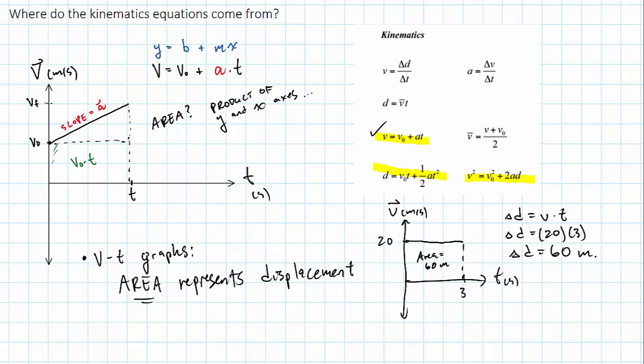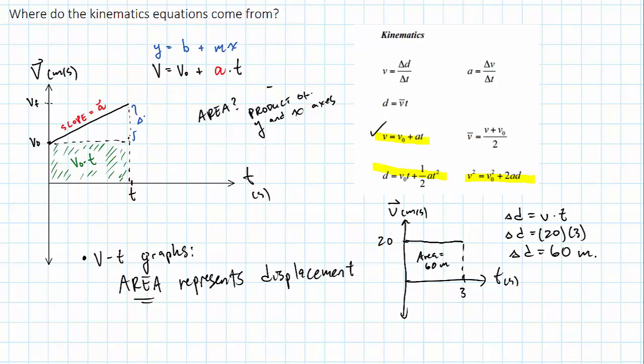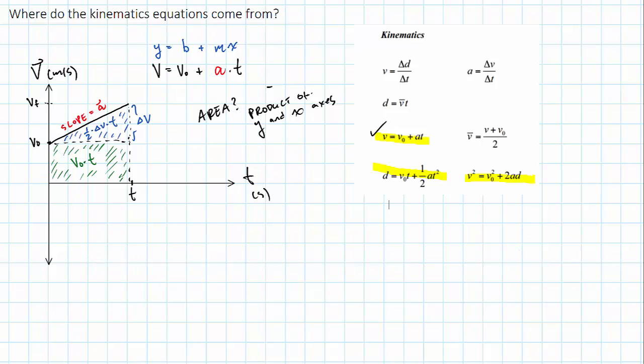And let's work with some different colors here. Let's say in green our rectangle is that constant speed times t. It's the area, whereas the triangle we know is base times height divided by 2. So in blue there, our base is the time and our height is delta v, and we've got an area for the blue triangle. So if we want to find the displacement of this object over a time t, we just add that green rectangle to the blue triangle.